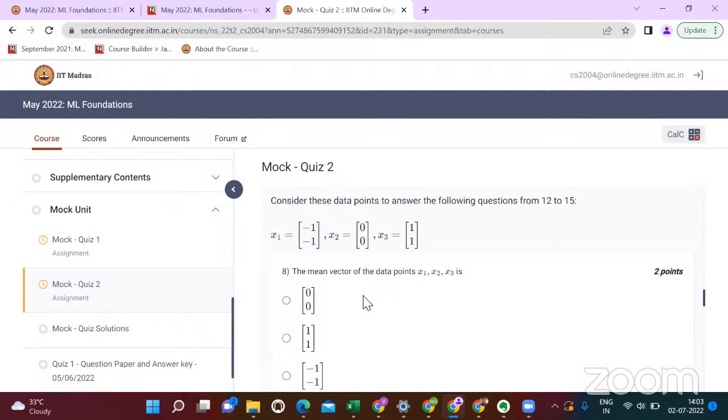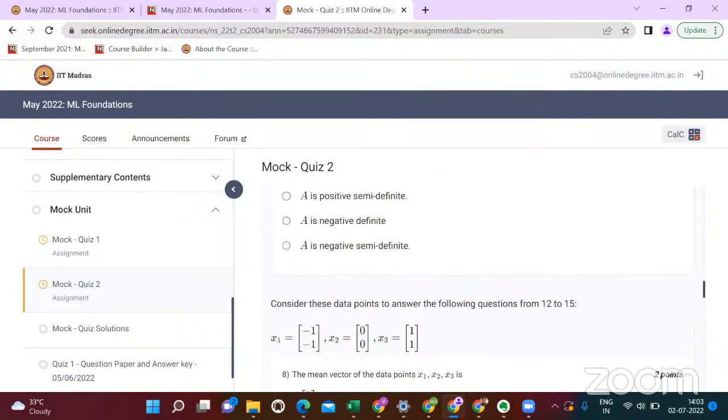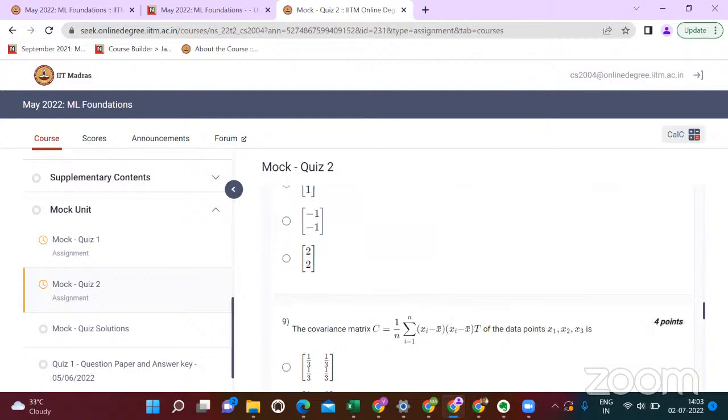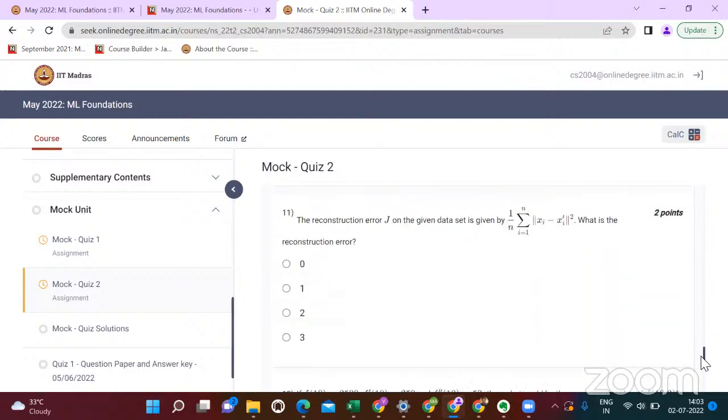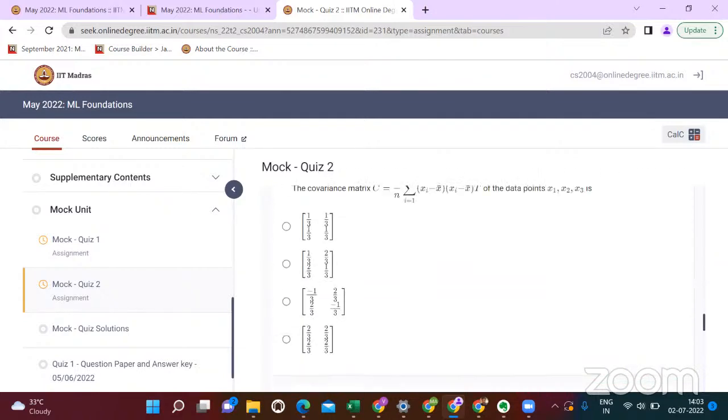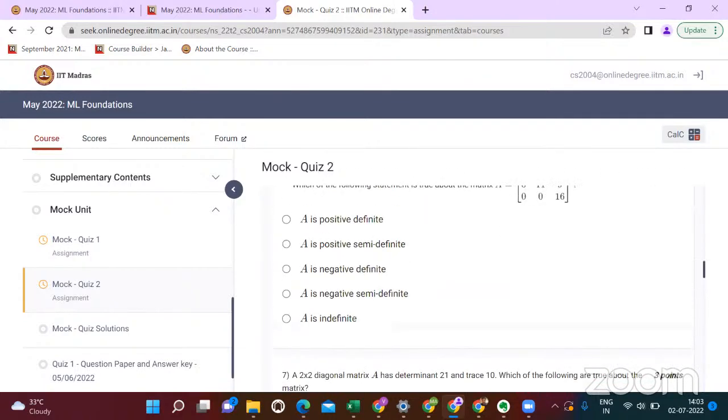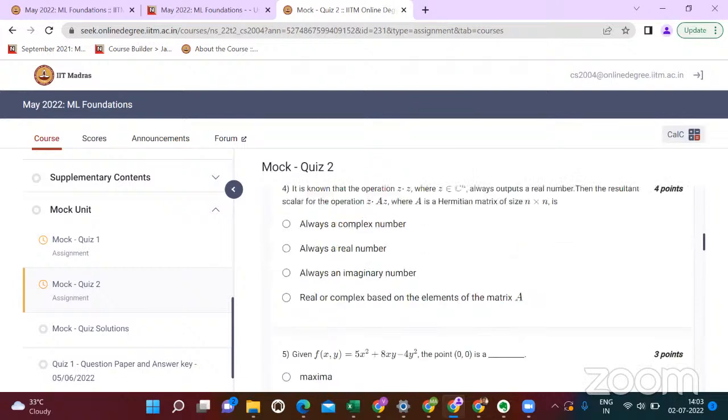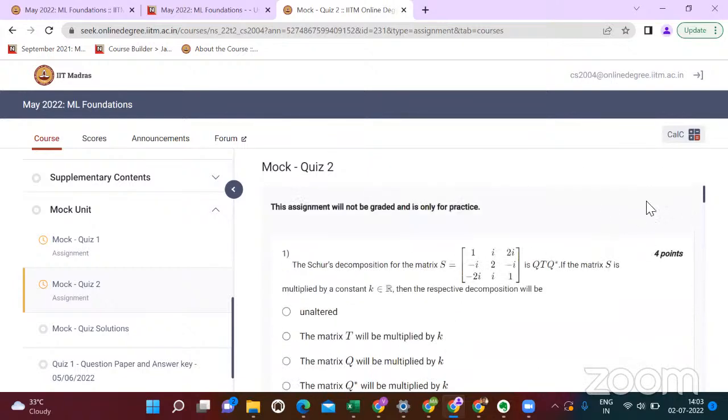You can try the graded or practice questions. These are all the concepts we covered in the mock too, so more or less a similar pattern.